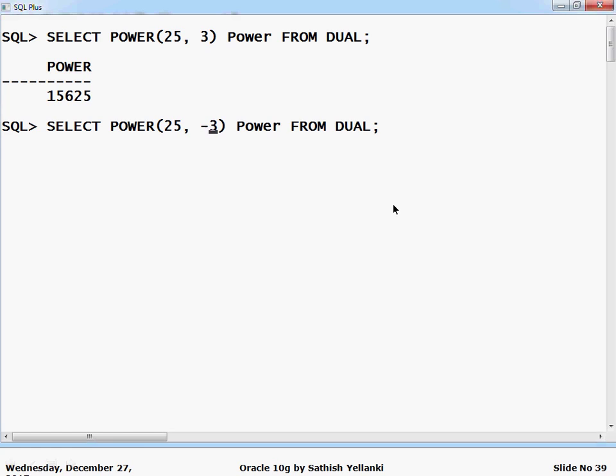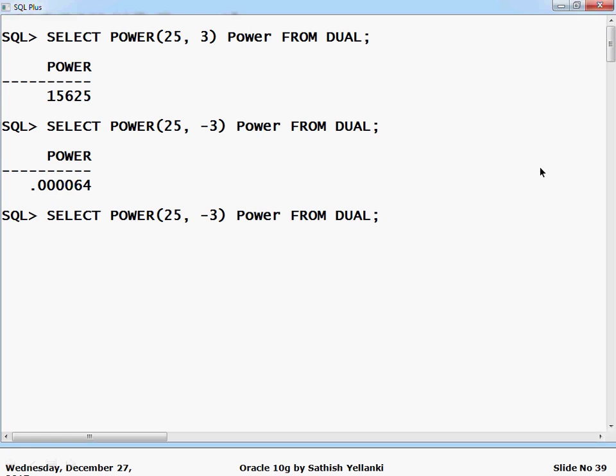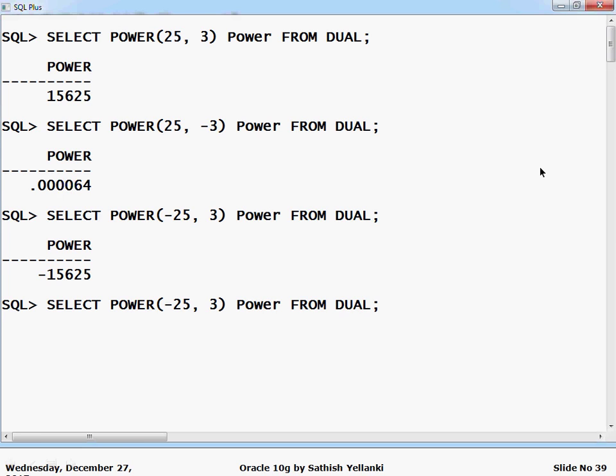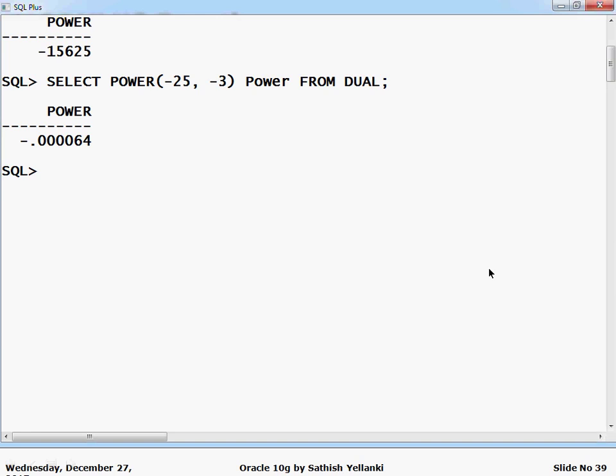You can go with 25 to the power of minus 3, minus 25 to the power of 3, or minus 25 to the power of minus 3. You go with any kind of combination of the numbers, it will work.